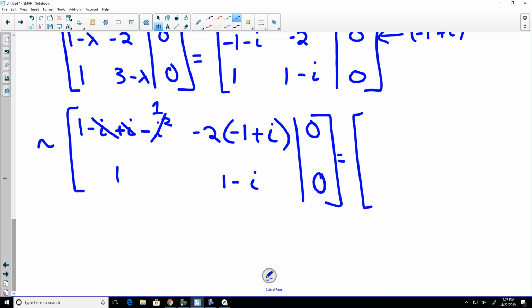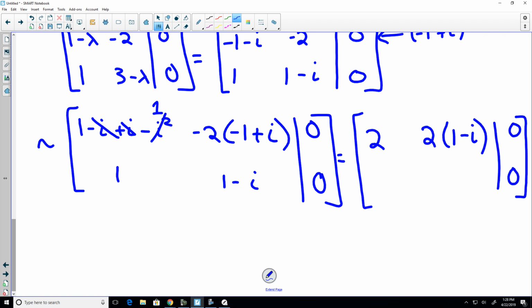So this is 1 plus 1. Here, if I factor out a negative 1, I can make this 2 times 1 minus i, like that. You guys agree with that?